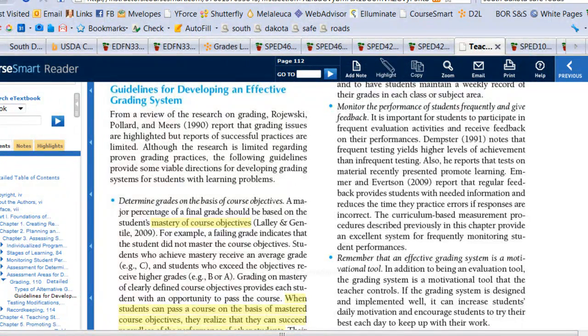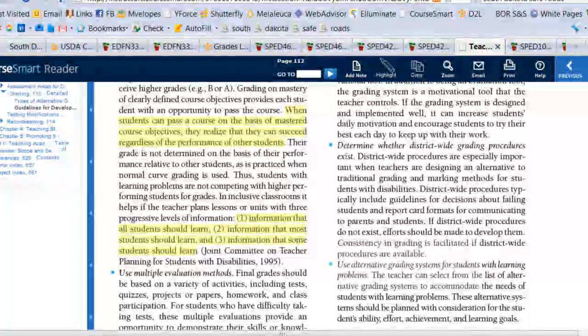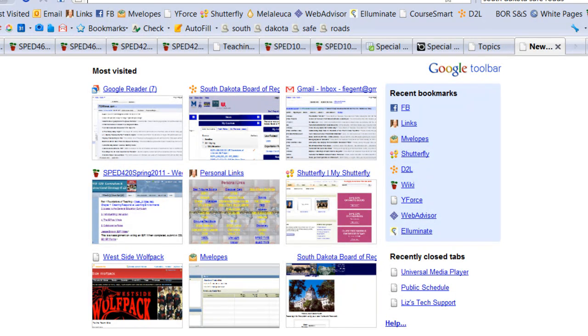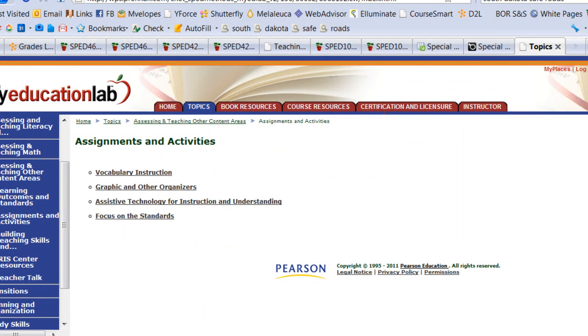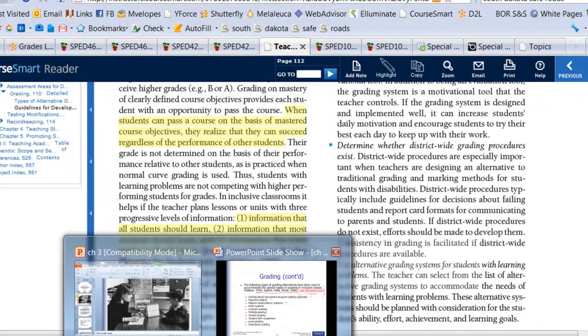When students can pass a course on the basis of mastered course objectives, they realize that they can succeed regardless of performance of other students. And how do you do that? Well, information that all students should learn, information that most students should learn, and that some students should learn. So this is a little bit of that tier process also on how we teach them.